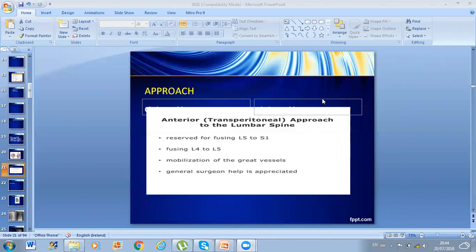You reach the spinous process. Then you do paraspinal dissection. Expose the transverse process. Then you identify the lamina subperiosteally, cranial to caudal. Then you expose the facet joints. Then you do laminectomy. How do you do laminectomy? First you burr down the lamina, make it thinner, and then with the Kerrison rongeurs you remove the lamina.